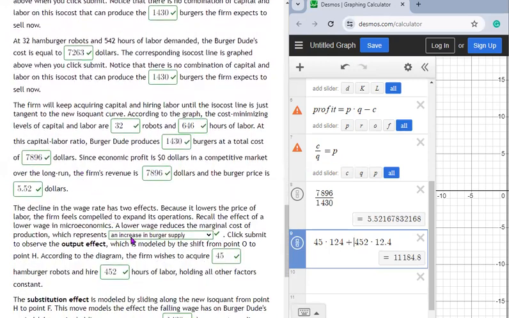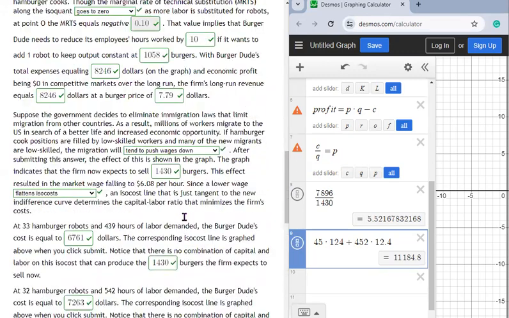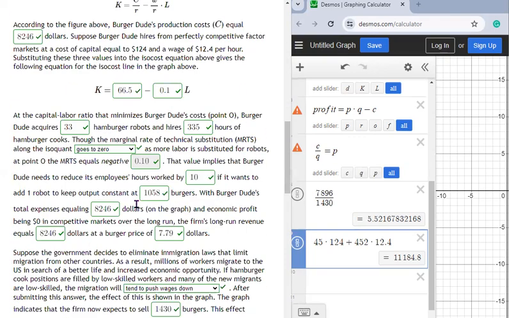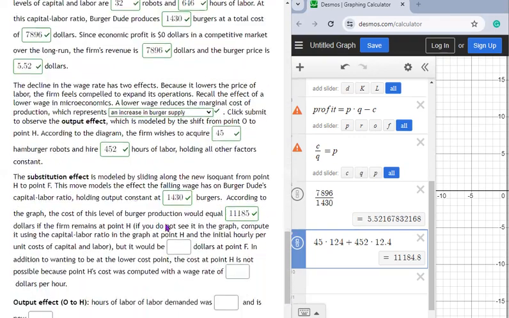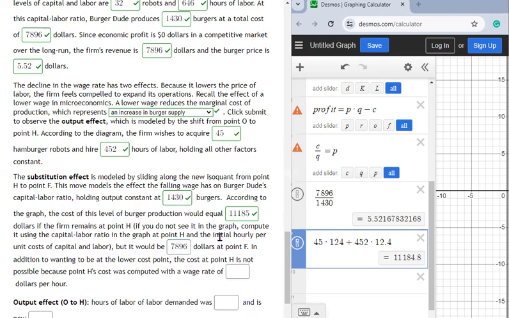Now, the problem with this is, what's the cost at point F? At point F, the cost is much lower, 7,896, right? So we're not going to choose H. H costs too much.